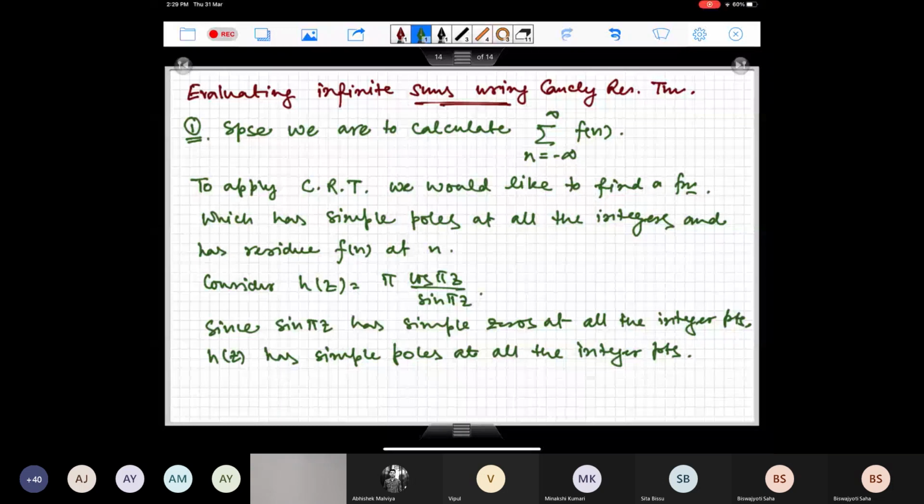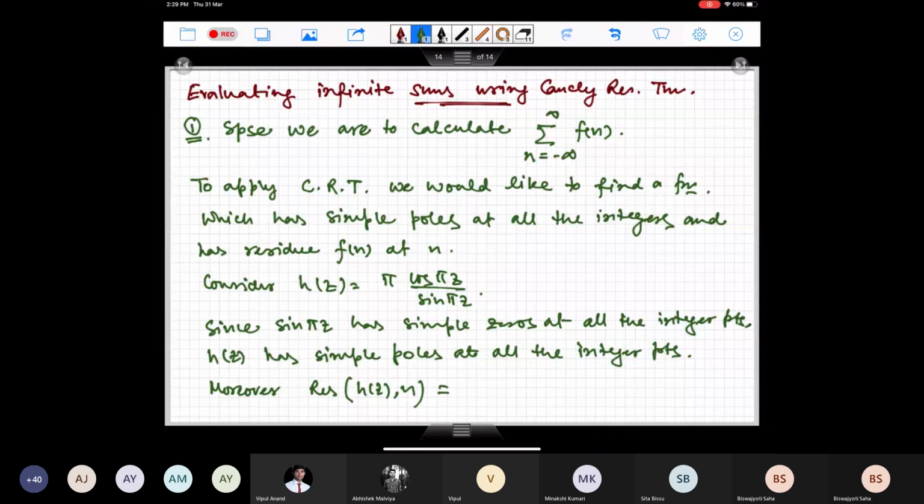Okay, why? Moreover, what's the residue? The residue of h of z at n. So the formula is, whenever we have a reciprocal with a simple pole like that, a of alpha divided by p prime of alpha.